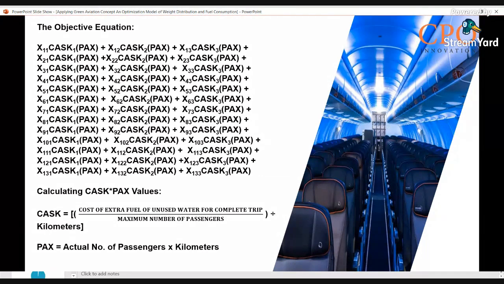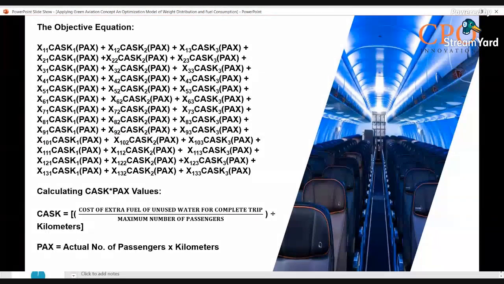Let us take, for example, the first term. The X11 CASK 1 pax means the cost of extra burned fuel because of the amount of unused water for each passenger per kilometer on the Boeing 737-800 plane on the first departure time equals a value. So on these 13 different objective function terms, we have different plane models, different departure times, different passenger numbers, different consumption per passenger ratios.